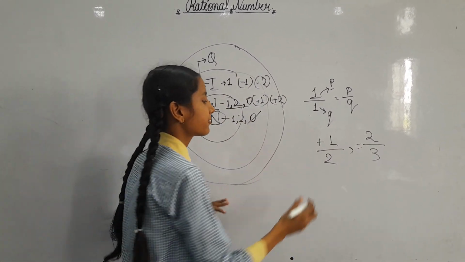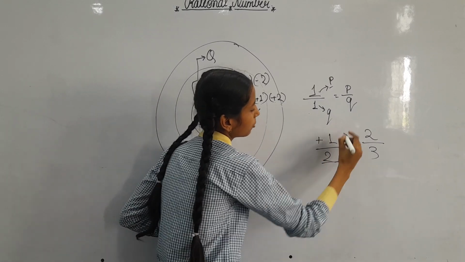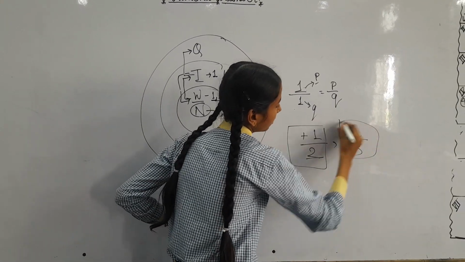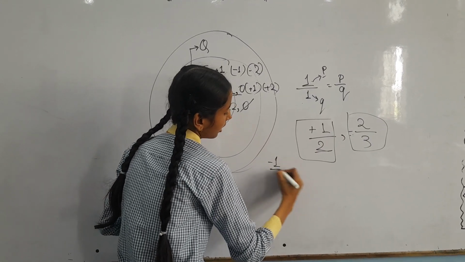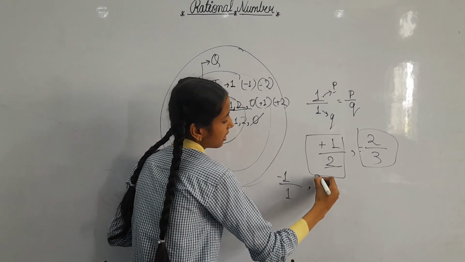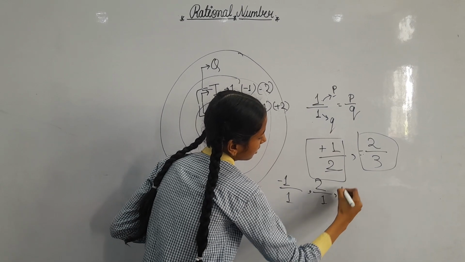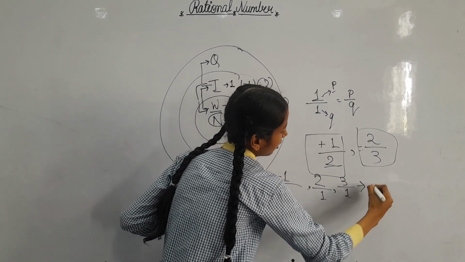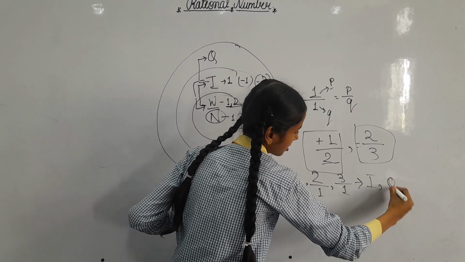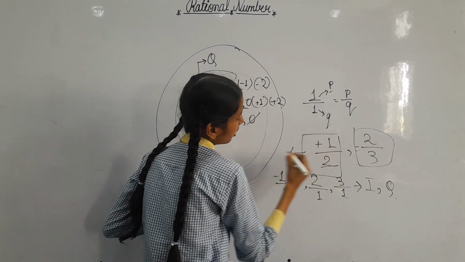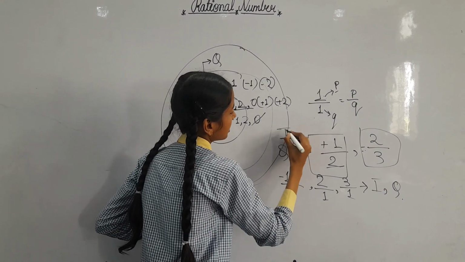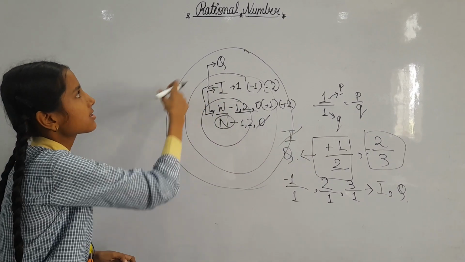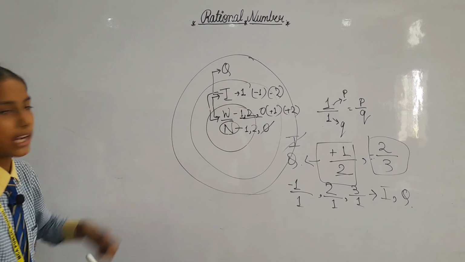But in integers we could not find 1/2 and 2 upon 3, because the integers contain only the denominator with 1. 2 upon 1, 3 upon 1, these are called integers, and rational numbers also, but 1/2 is called a rational number, not an integer. So this is the diagrammatic representation of rational numbers.